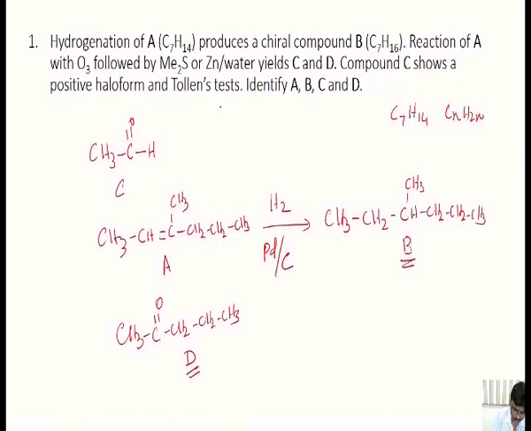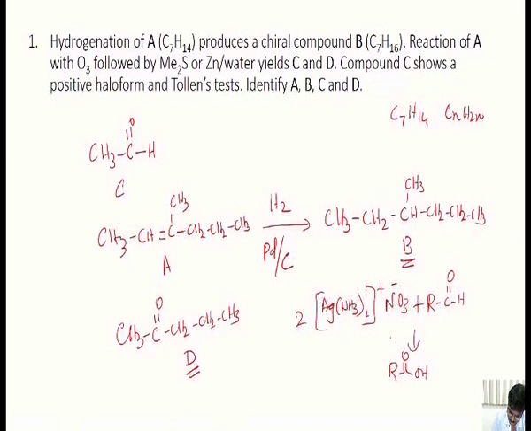So the Tollens test, all of you should know, uses a silver complex. When we use 2 equivalents of this silver complex with an aldehyde, it can oxidize it to a carboxylic acid, where silver 1 will be reduced to silver 0.